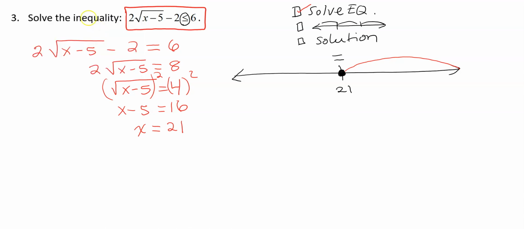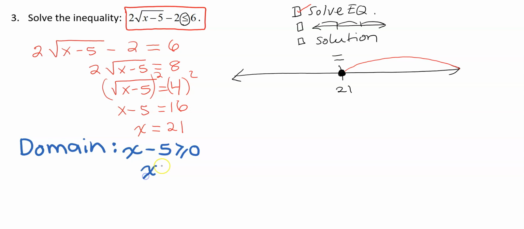We know that the domain of this left-hand side right here is that the thing inside the square root, which is x minus 5, will have to be greater than or equal to 0 in order for that to yield a real number.